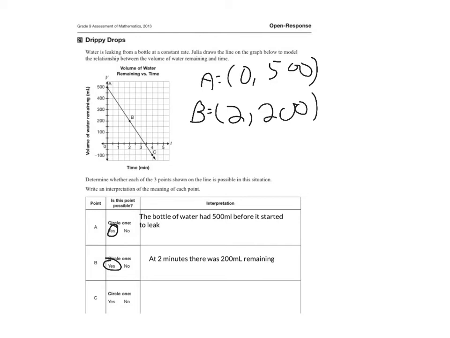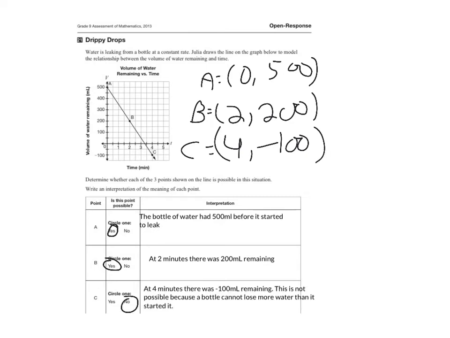It's at (4, -100). And what the graph is trying to tell us is at 4 minutes there was negative 100 milliliters. That's not possible because you can't lose more water than you started with in your bottle. So I'm going to circle no. Okay, so that could be your final answer right there.